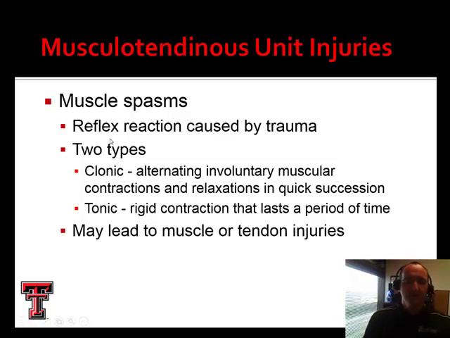Lots of times muscle spasms in response to trauma can be either way, but most of the time cramps are going to be tonic in nature until we rehydrate them to the point where they stop. And much like we talked about with cramps, spasms can also lead to muscular or tendinous injuries because we're kind of locked into this maximal or near maximal contraction. We can actually self-injure.